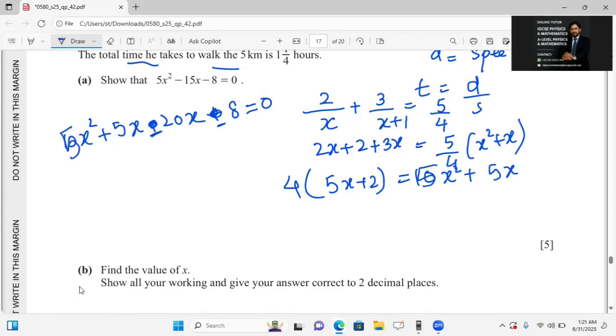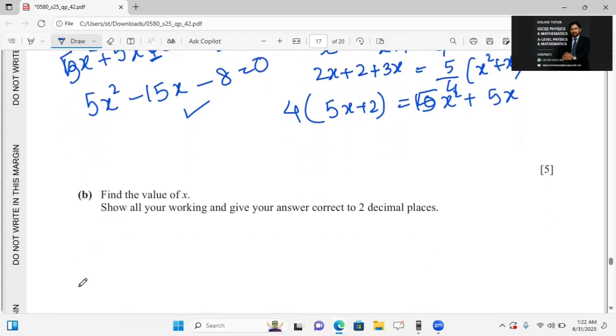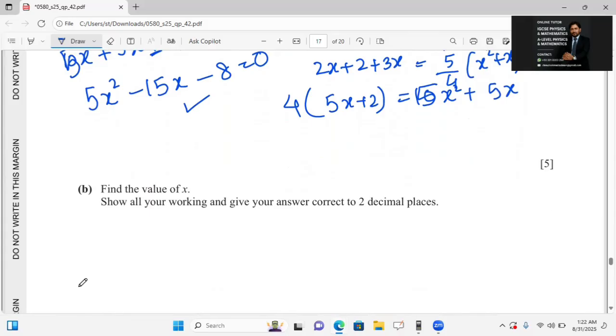Moving everything over, it is 5x square minus 15x minus 8 equals 0. So this is the expression which I have made. Find the value of x by showing all the working in decimals. So that is the x value I need.